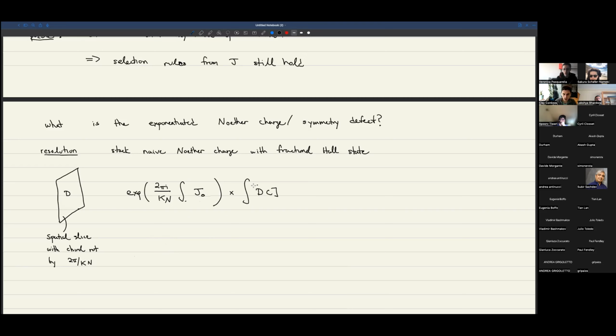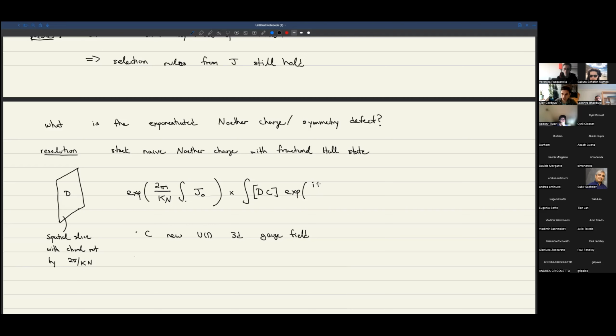First of all, the thing that we're going to put here is the partition function of a dynamical theory. So C here is going to be a new U1 gauge field. So what is the action for this C? Well, it will look as follows.